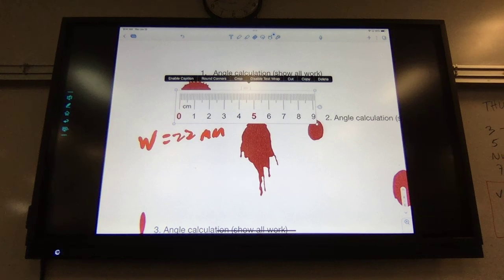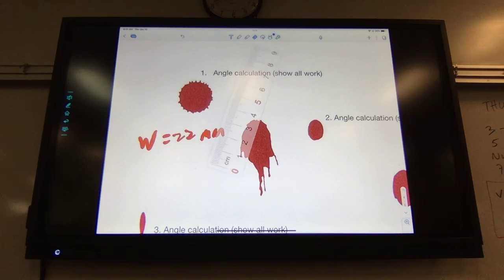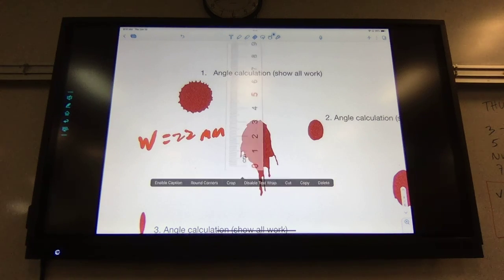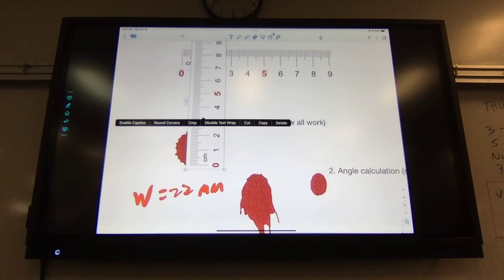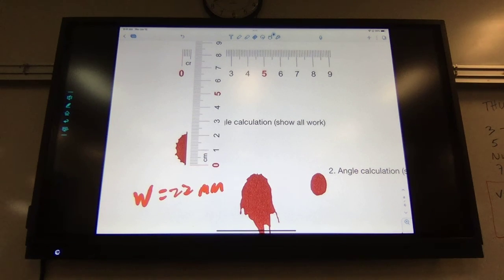And now with this ruler, I can tip it up. And then this is, I think I called the other one 21, didn't I? 21, 22. I think I remember it being 21 instead of, but the length I have is 22.